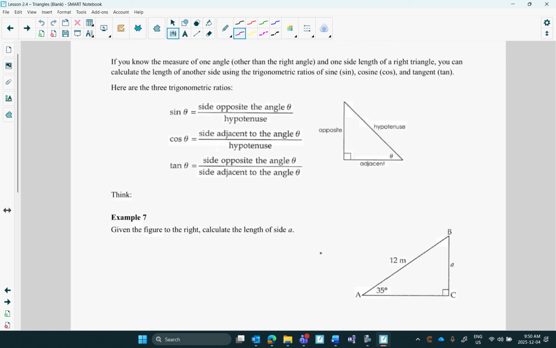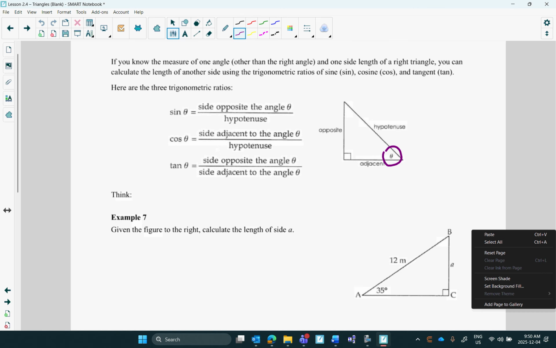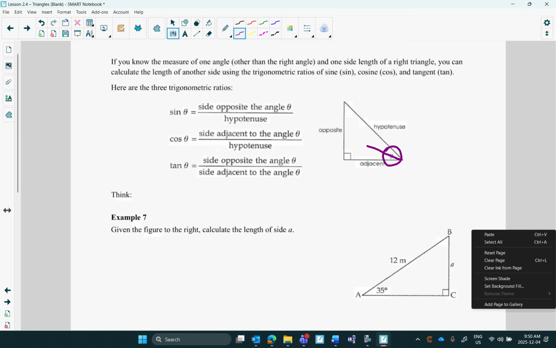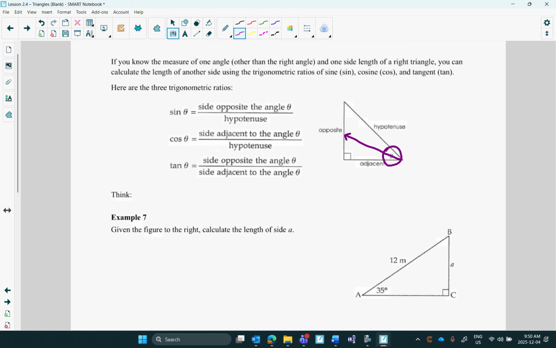And in order to use the trig ratios, you have to be able to name the sides of a right triangle correctly according to one of the acute angles we're doing. So if this is the angle we're looking at, and that's the Greek symbol theta, if I were to draw an arrow out from this angle until I hit a side, the side I hit is called opposite.